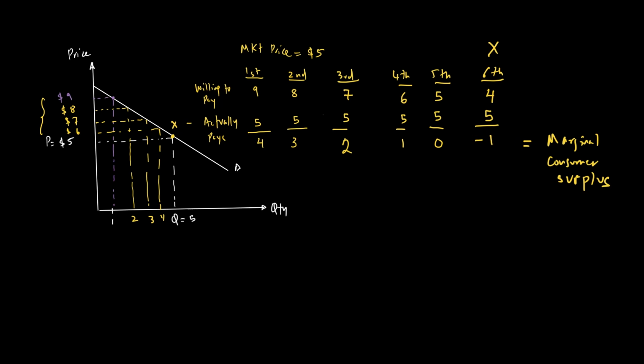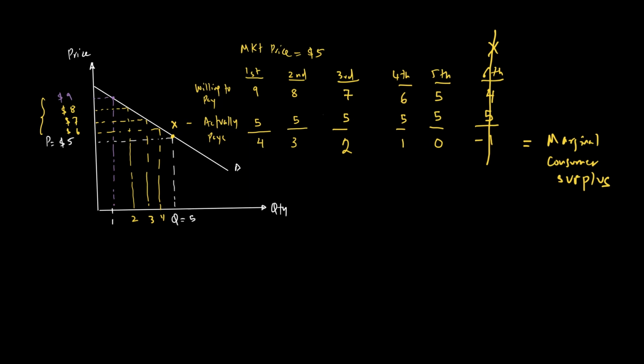Because I will be like, you know what, for this good, let me cancel it out. For the sixth unit, I'm not willing to pay $5. My value for the good is only $4. So I stop at that point, which would mean my point of stopping is when my willingness to pay is equal to what I actually pay, or my marginal consumer surplus is 0.